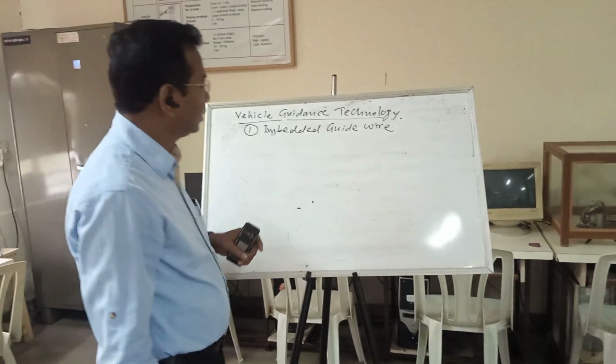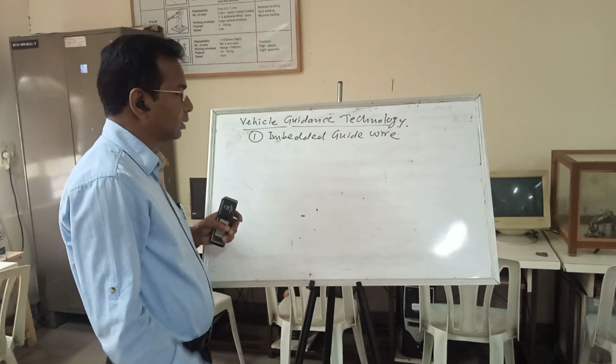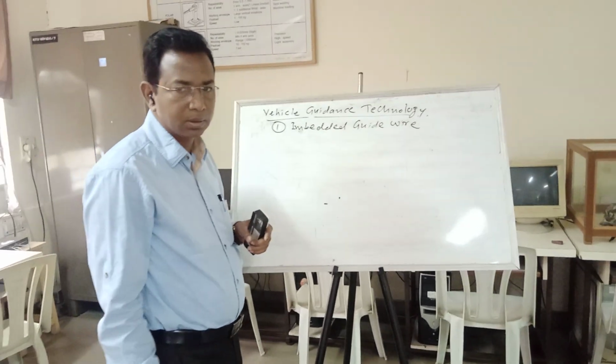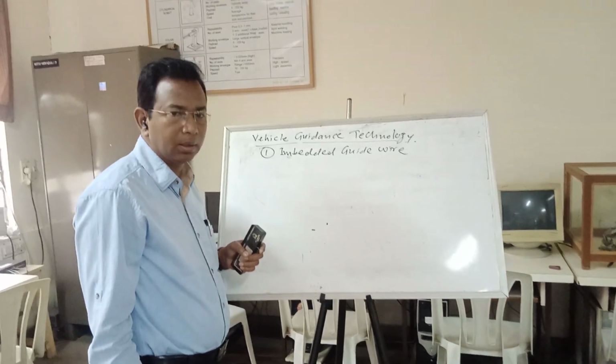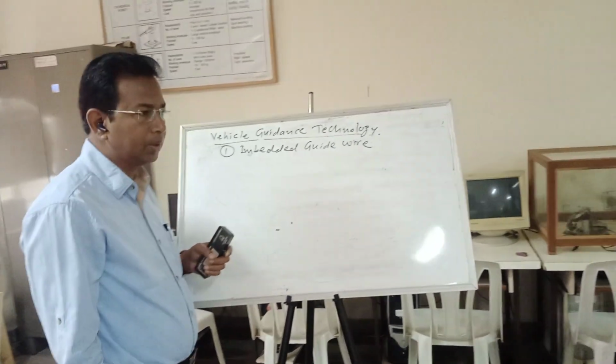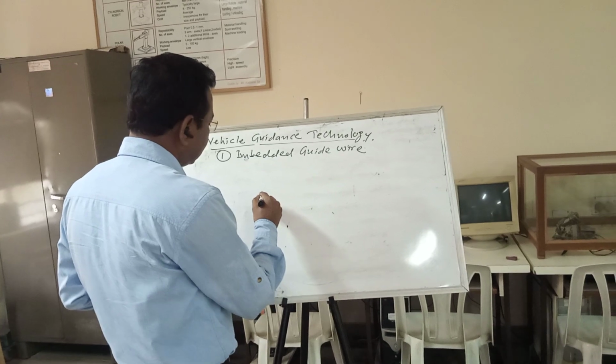First is the embedded guided wire. These technologies are generally used to define the pathways of the AGV vehicle. AGV is the automated guided vehicle, and AGVS is the automated guided vehicle system.